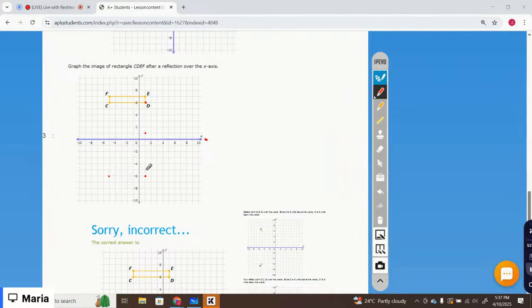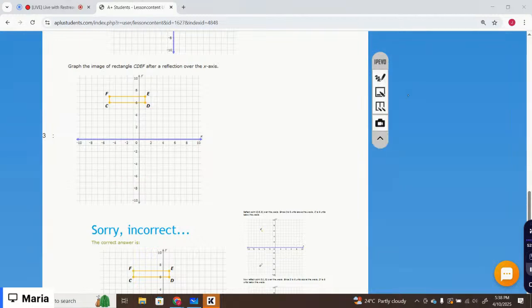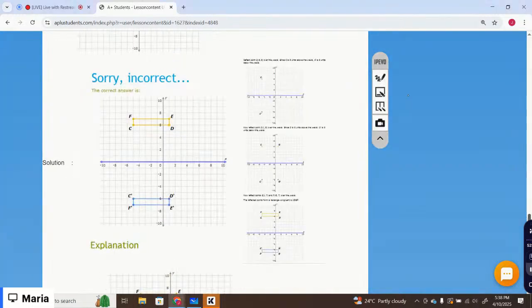Here is the other point, then E dash, then F dash. So here is the reflected image along the x-axis, that is D dash, E dash, F dash, and C dash. So you can see here is the reflected image.